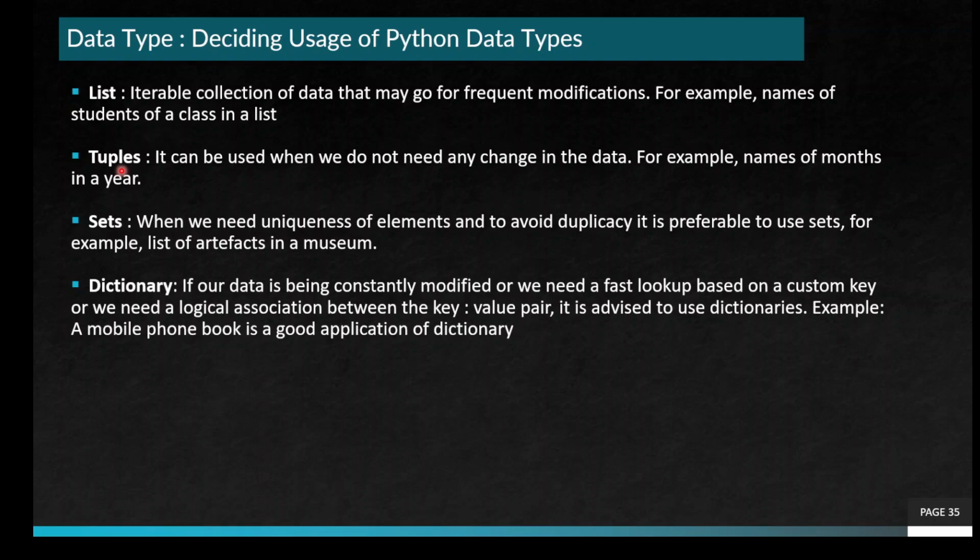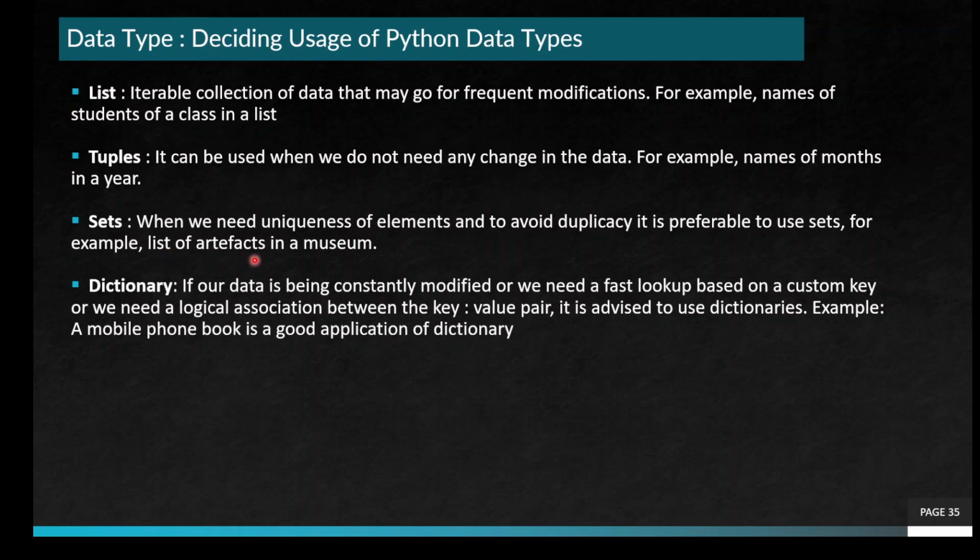Use a tuple when we don't need to modify the data, or nothing needs to be added or modified. For example, the names of the months in a year are always fixed and cannot be modified, so we can use a tuple. Use sets when we require uniqueness of the data and duplicacy must be avoided, like articles of a museum or a store.